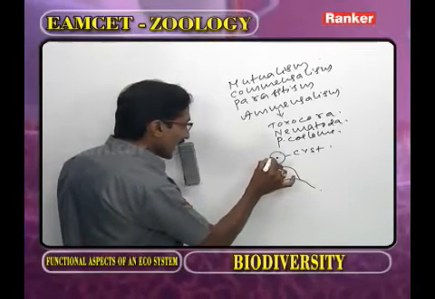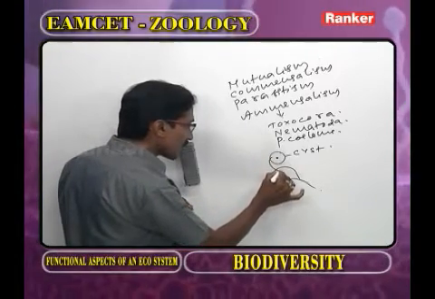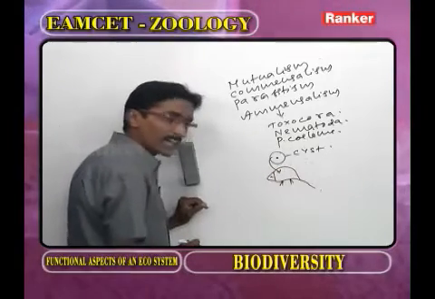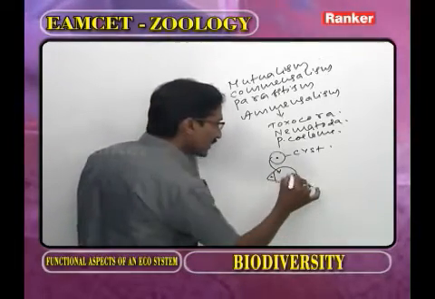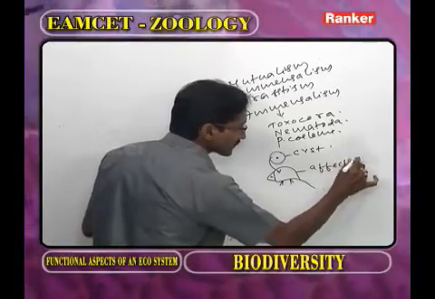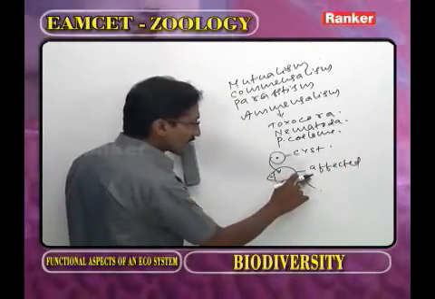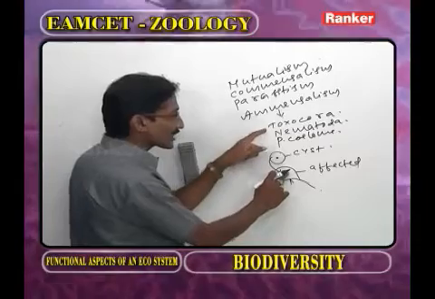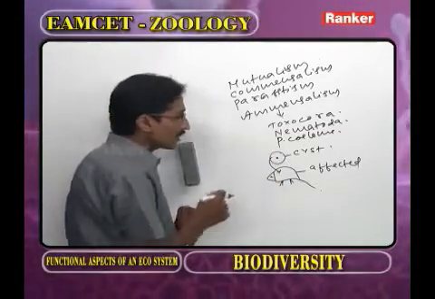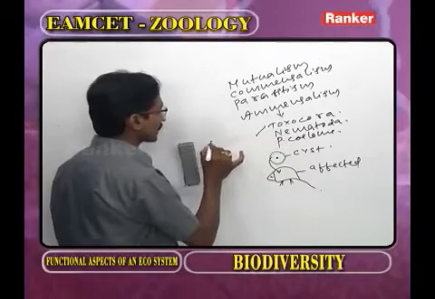Now the encysted Toxocara enters into the body of the rat. Here it is affected. Why is it affected? Because in its body the Toxocara is present. In this association, which is unaffected? The Toxocara.